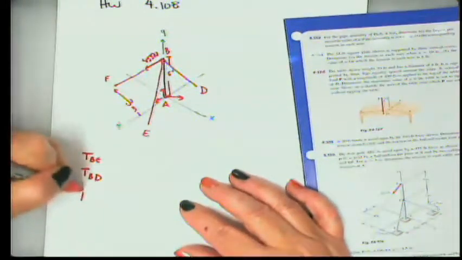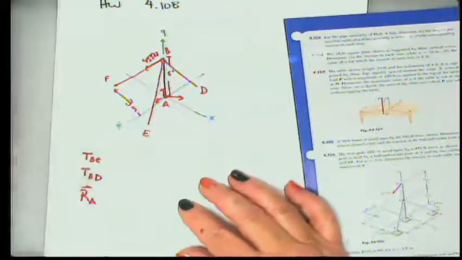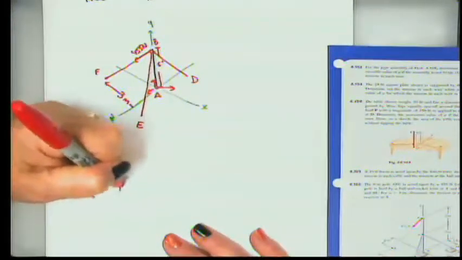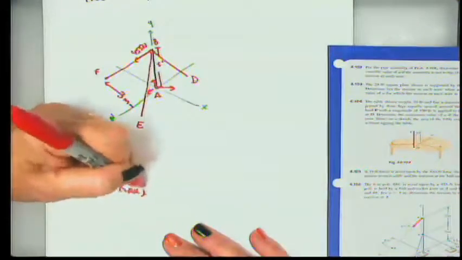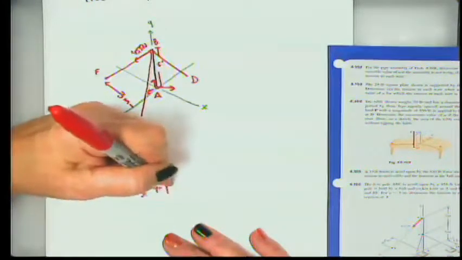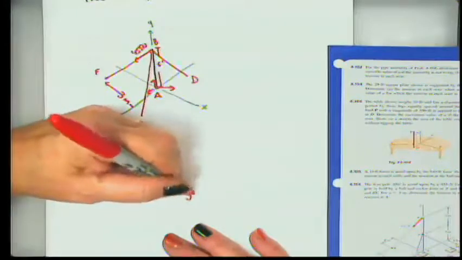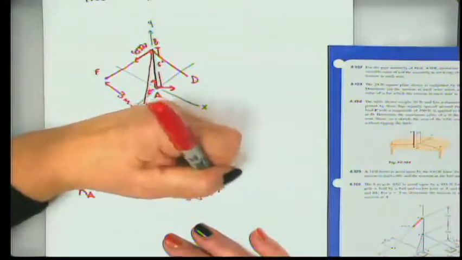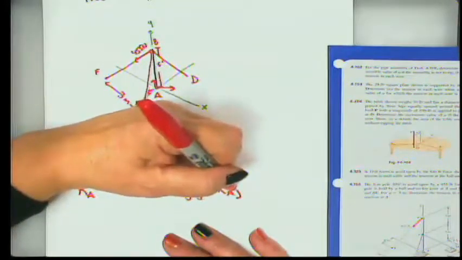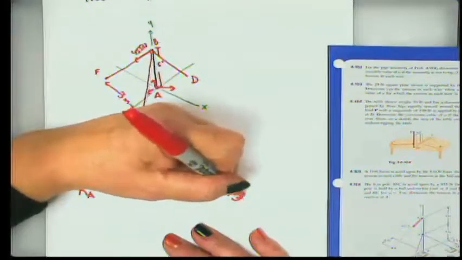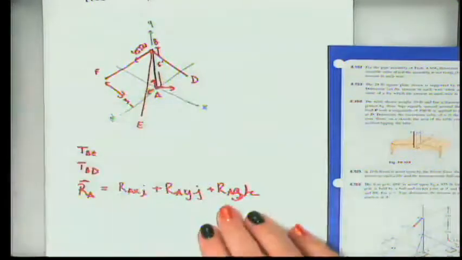So in other words, the reaction at A, written as a vector, is going to just be a force, but it's going to be the reaction at A in the x direction plus the reaction at A in the y direction plus the reaction at A in the z direction.